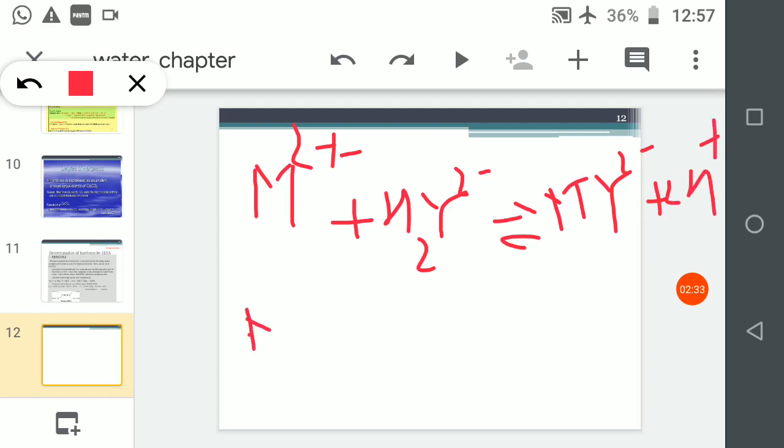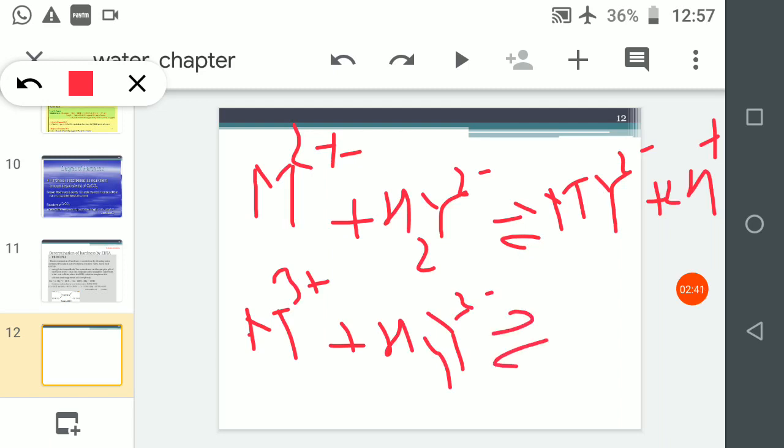If we take the example of M3+, it reacts with the disodium salt, which ionizes to H2Y2-, and forms the complex MY- plus 2H+.